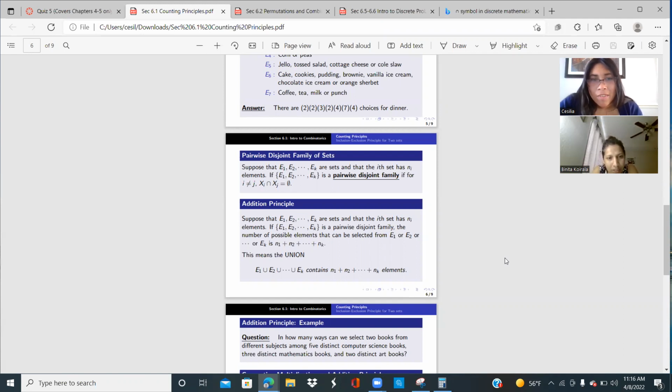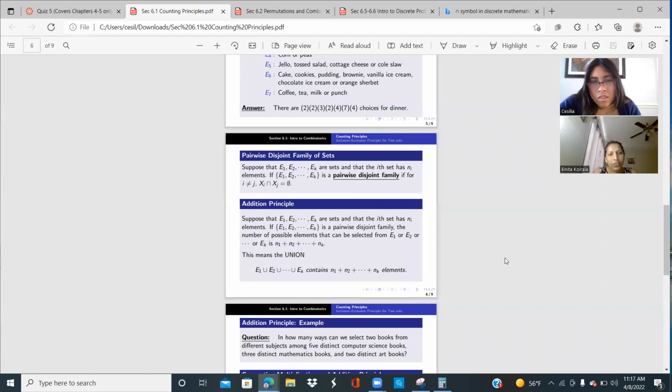Addition principle. Suppose that E sub 1, E sub 2, up to E sub k are sets and that the ith set has n sub i elements. If E sub 1, E sub 2, up to E sub k is a pairwise disjoint family, the number of possible elements that can be selected from E sub 1 or E sub 2 or E sub k is n sub 1 plus n sub 2 plus n sub k.